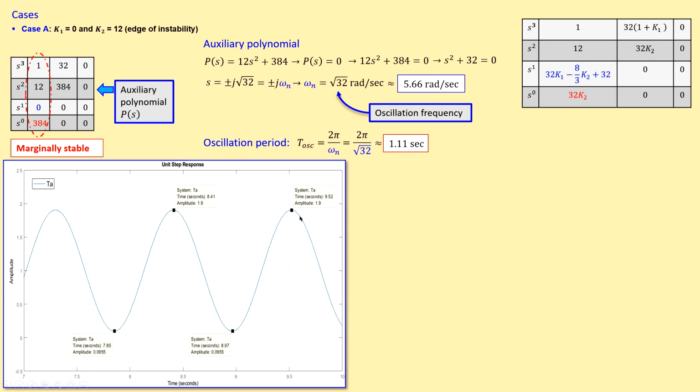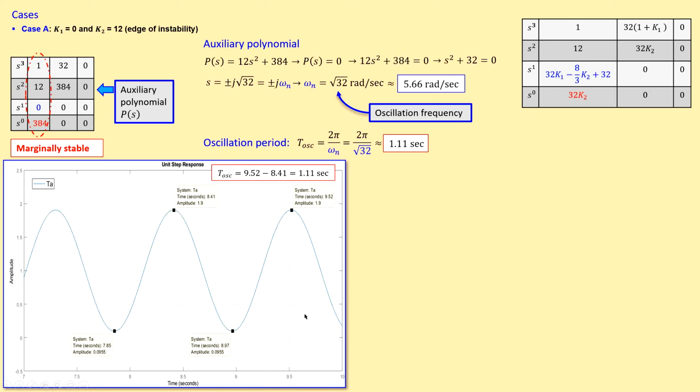What you also see is, I've put some labels here, that the distance between two peaks, the time, is 9.52 minus 8.41. So the oscillation period, if you calculate this, you will get 1.11 seconds, which is actually what we have calculated.